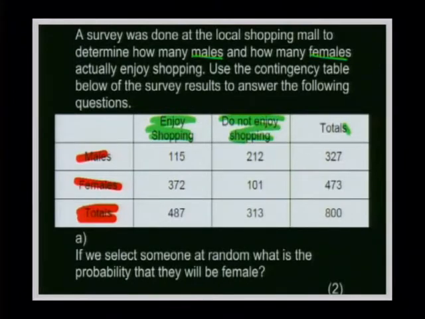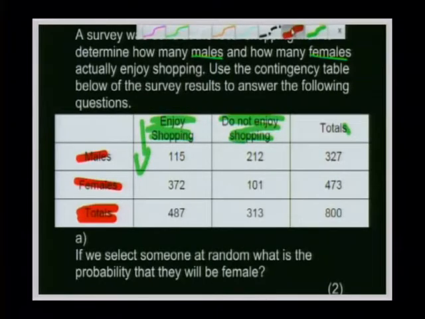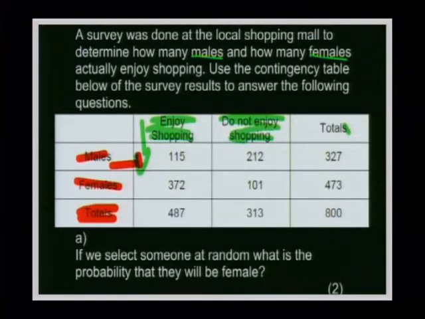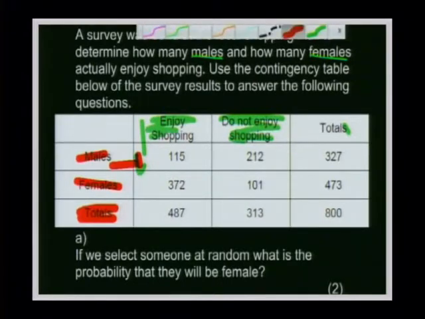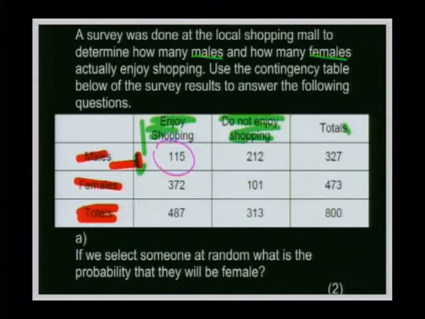So let's look at each one of these categories. We're reading my green going that way and my red going this way. These people over here fall into enjoyed shopping and males.